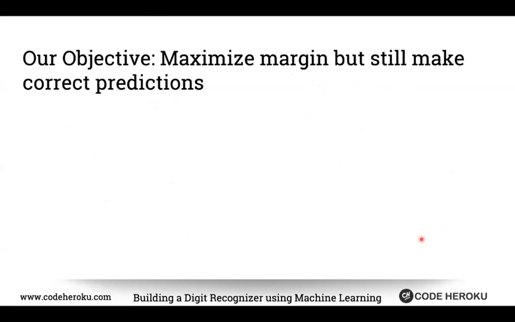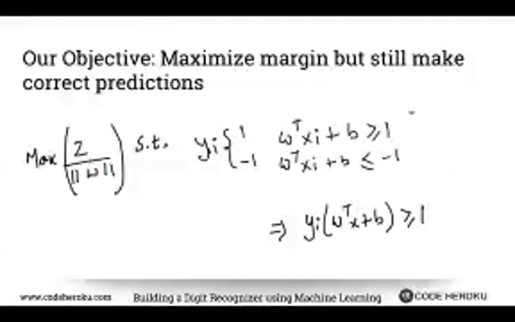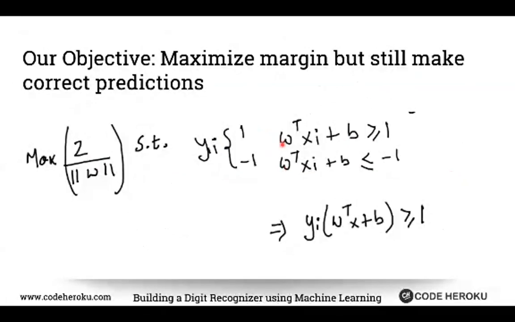I'm just rewriting it over here. Now if you look closely, if you multiply both equations by yi, you'll see that you end up with the same thing. You could now simplify this entire thing to one statement.